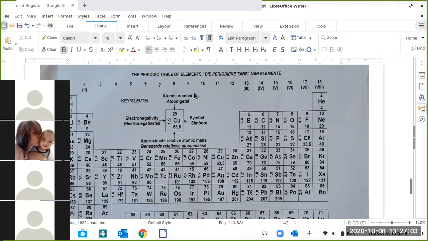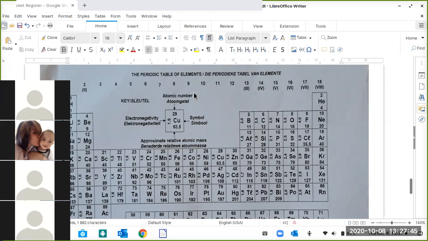Now, when we are looking at groups, boys and girls, we are just looking at the number of electrons that are in the last electronic shell of an atom. Am I clear there? The group tells us the number of electrons in the last electronic shell of an atom. Please take note of that, right? Now, according to that element 1224, how many electrons are in the last shell?